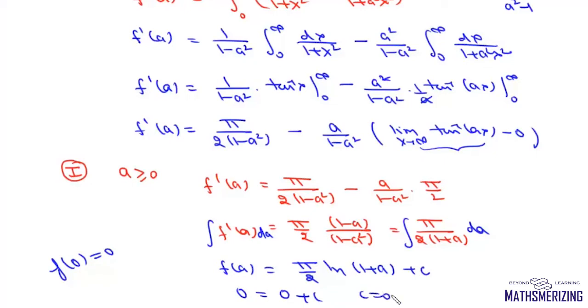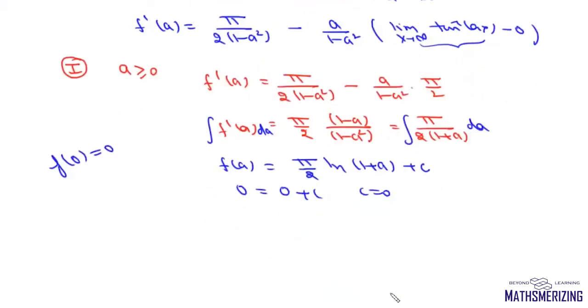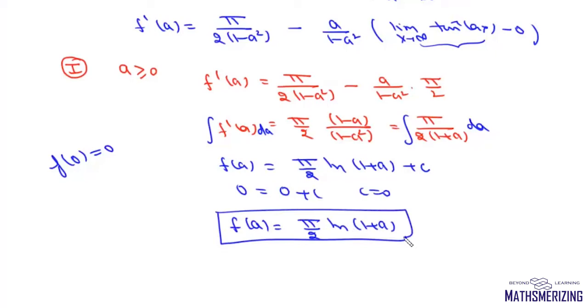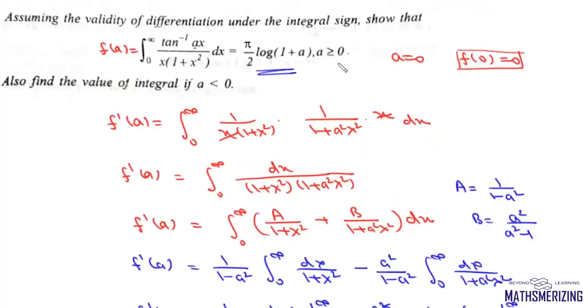That means the value of c is 0. So the value of this integral when a is greater than or equal to 0 is simply pi by 2 log 1 plus a. And this is what we need to prove in the first part.